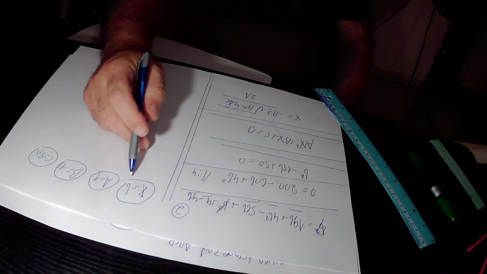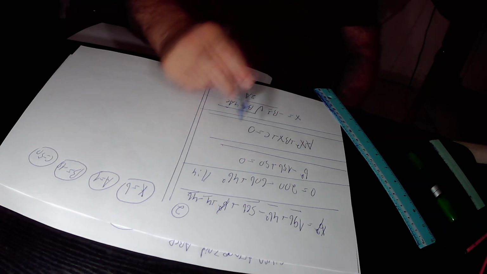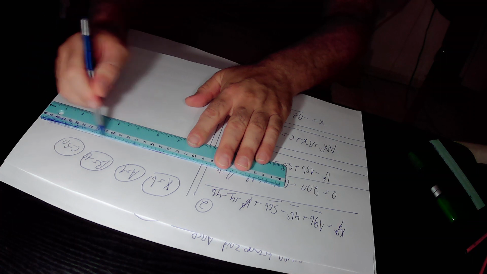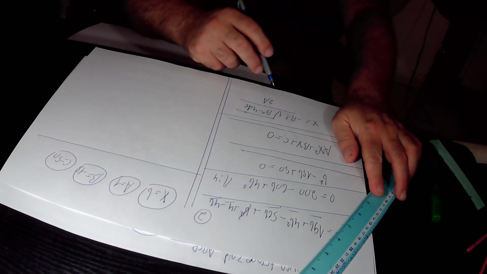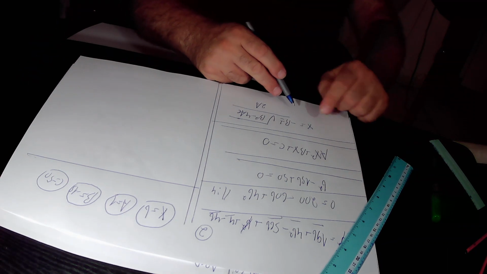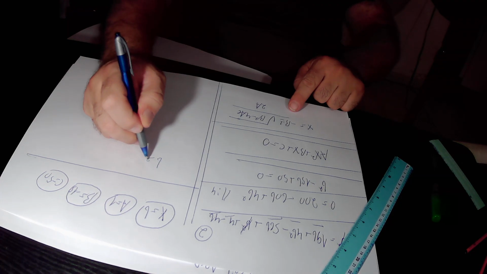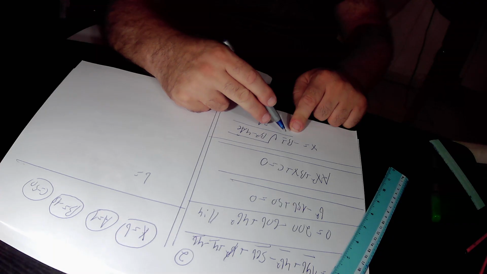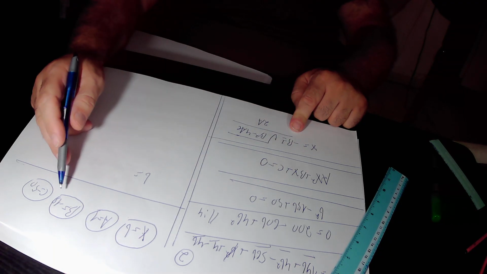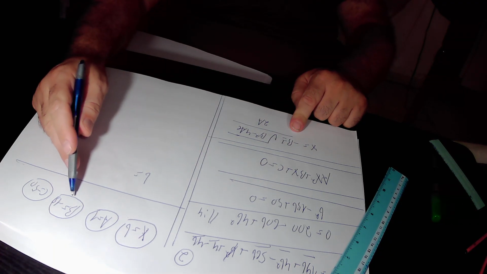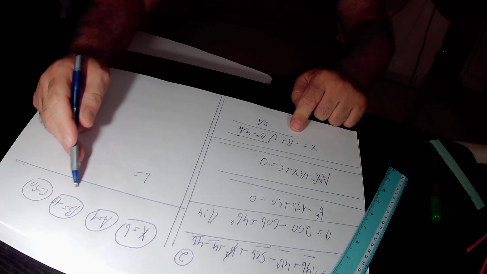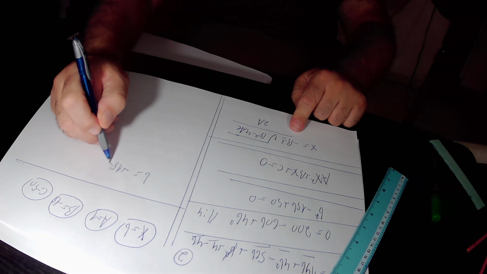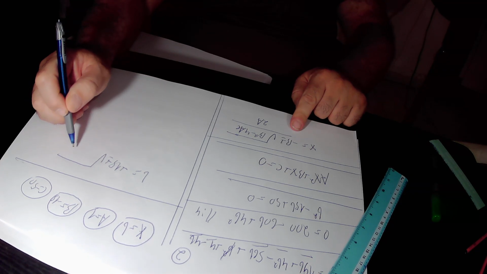We get that x equals minus b, and capital B is minus 15, therefore minus b is plus 15, plus minus the square root of b squared.